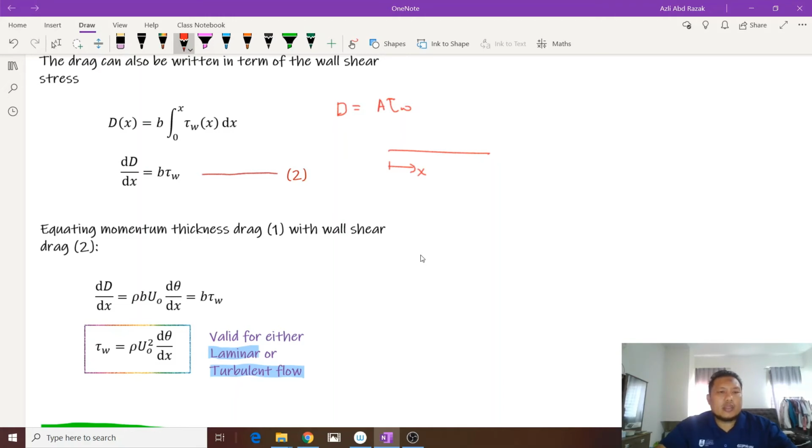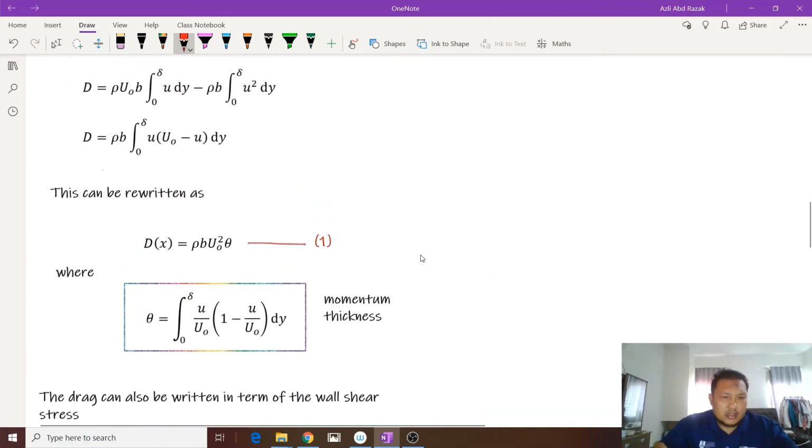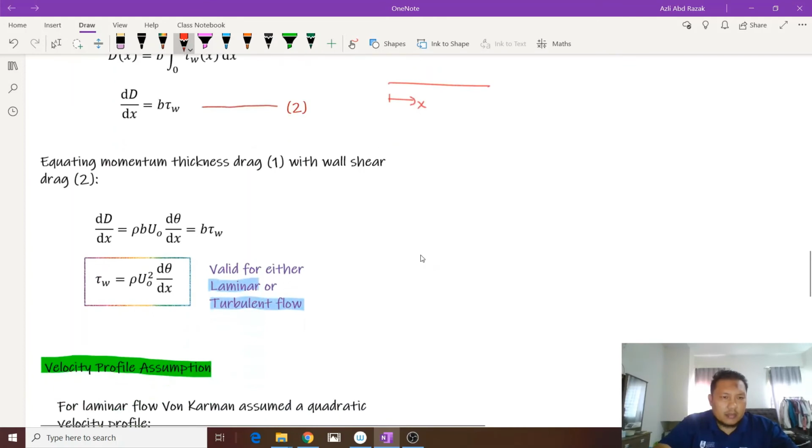Now we equate the momentum drag, which is equation number 1, with the wall shear stress drag, which is equation number 2. If we take d dx of these equations and equate the two, we have rho b u naught d theta dx equals b tau wall.